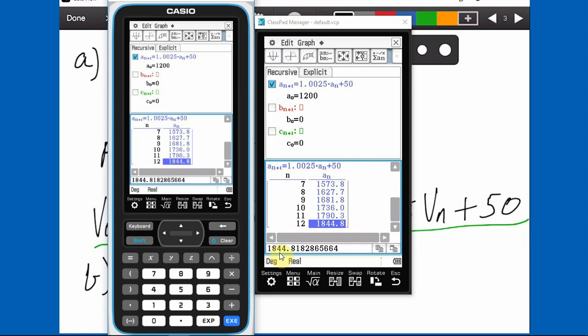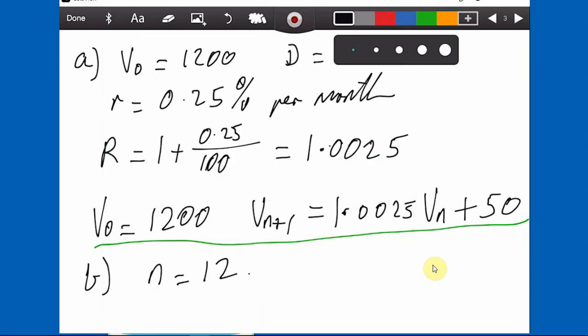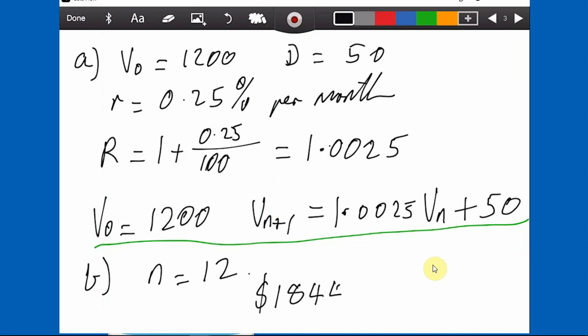So $1,844.81, and then 8 here. So we need to round that from 81 cents to 82 cents. All right, so the value that we have is $1,844 and 82 cents to spend on the holiday.